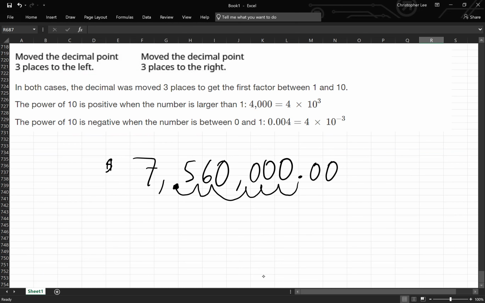The first number that I have here has to be a number between 1 and 9, with a decimal point here, and then the rest of the numbers that you have, which is the 5 and the 6, are going to come here, times 10 to the number of times I moved this over, which we said was 6. And then that's it.